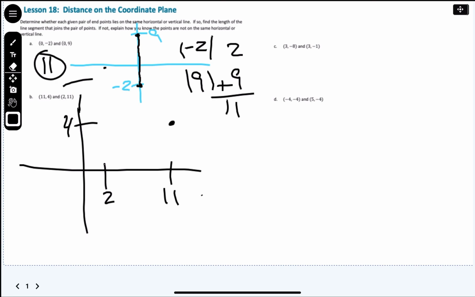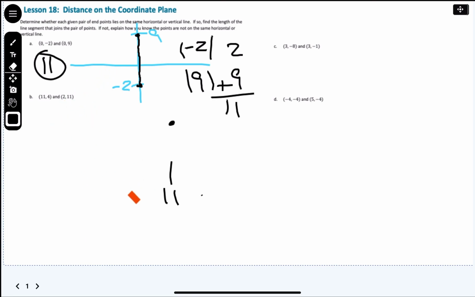What has to happen with our coordinates, our ordered pairs, for it to be a vertical or a horizontal line?